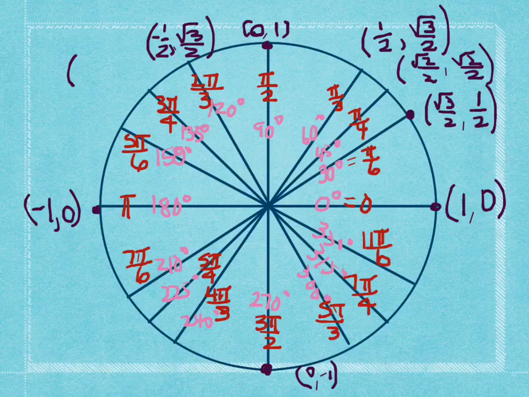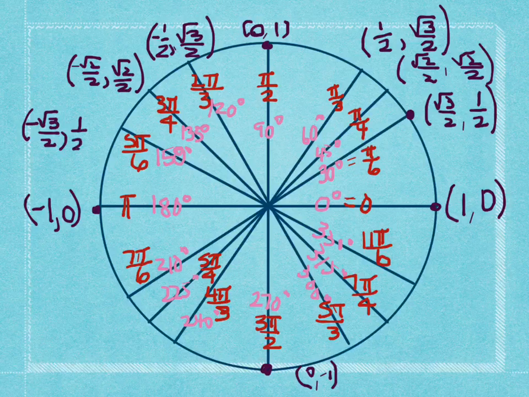What's that one? Negative square root 2 over 2? Perfect. What about at 5 pi over 6? Perfect. We're halfway done.